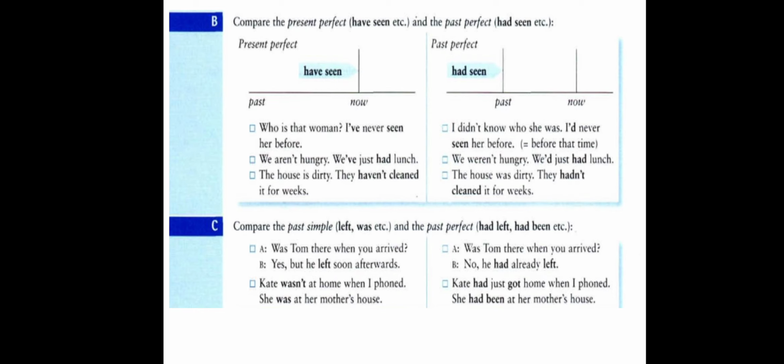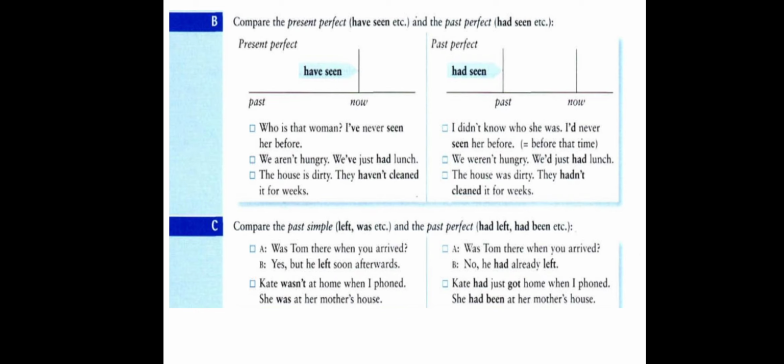She had been at her mother's house. Before I phoned, where was she? Not where were. Where was she? She was at her mother's house, but this is the action that preceded getting home.